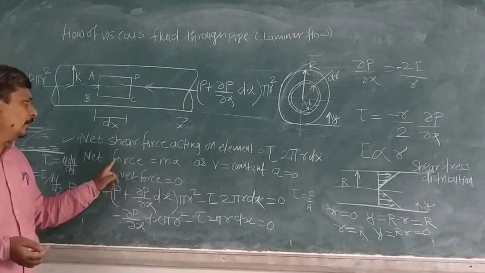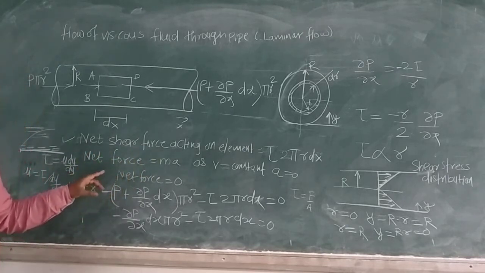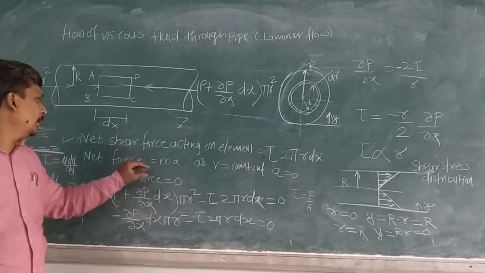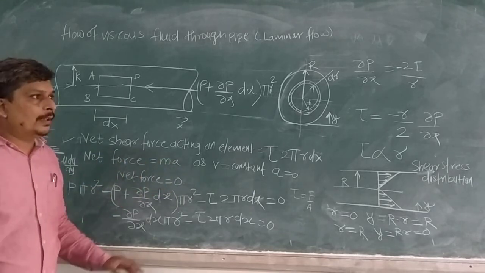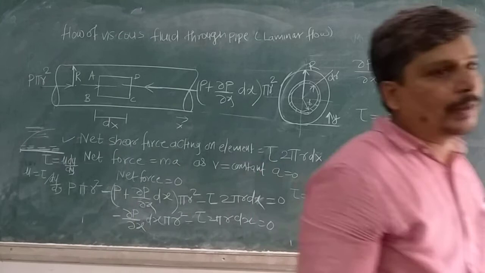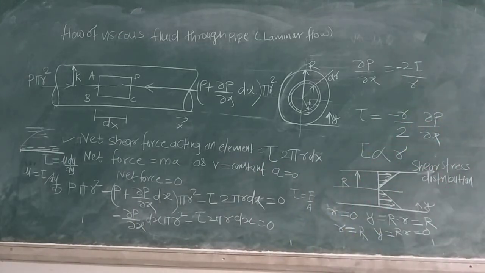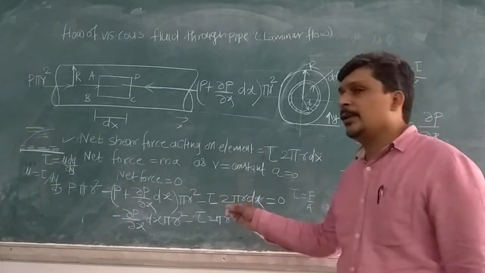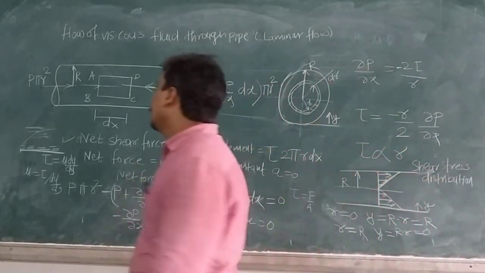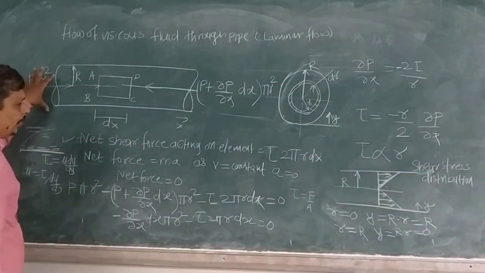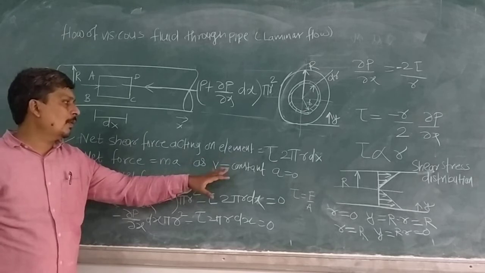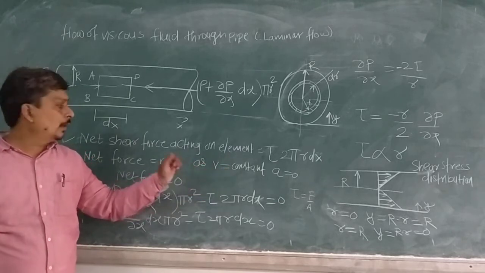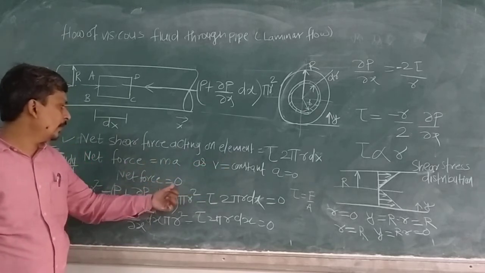Now, using the concept that net force is mass into acceleration, the net force acting on this fluid element is mass into acceleration. Here we have assumed the fluid is moving with a constant, uniform velocity. Velocity is constant, so there is no acceleration, and we get net force as 0.